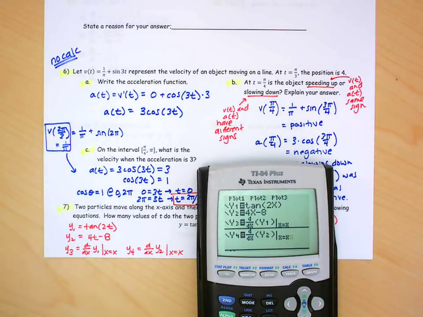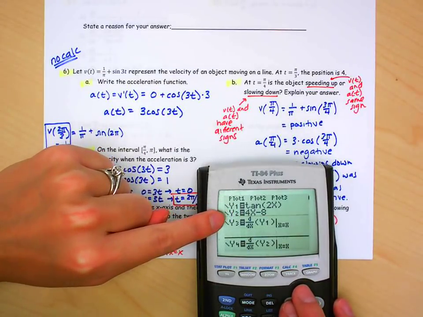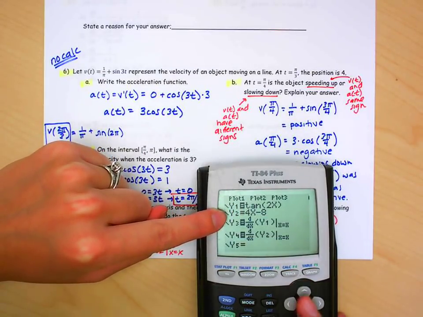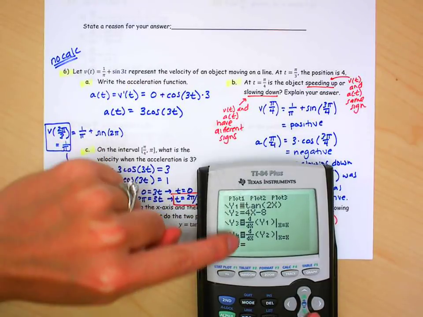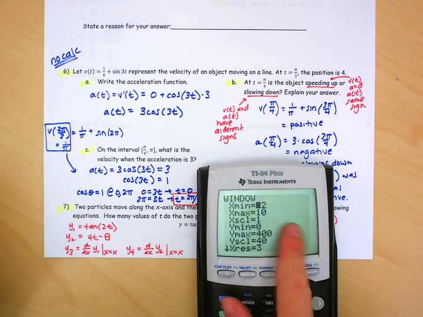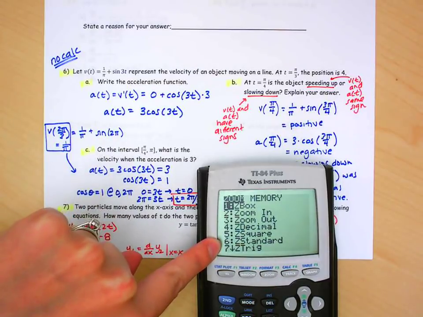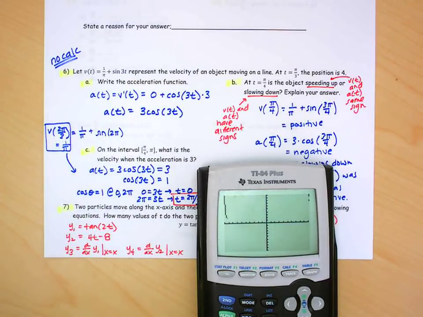Now I'm graphing the derivative, so I don't care about these two up here. So I'm going to scroll up to y2 and turn it off, y1 and turn it off. So I'm only graphing my derivatives. Okay. So my window's all weird from my previous, so I'm just going to go to a zoom 6. That's zoom standard. That'll just give you like the 10s. That's a good place to start.